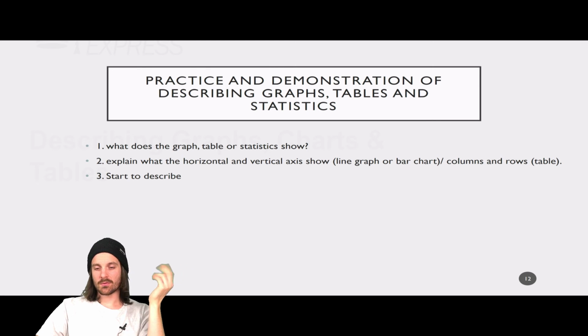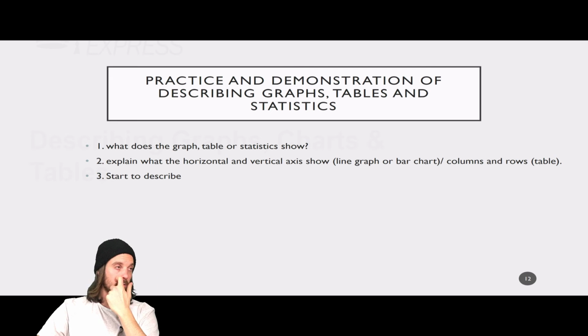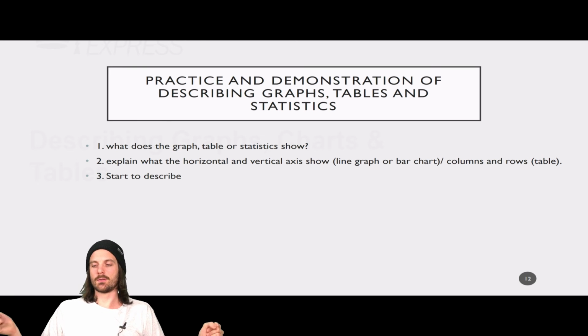For the practice and demonstration now, I just like to mention that if you start off with a paragraph, a chart, or whatever similar to that, think about what the graph, table, or statistic shows. So for example, the statistics is about people in Austria using public transportation.